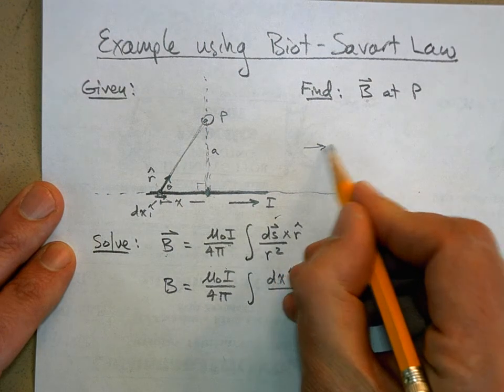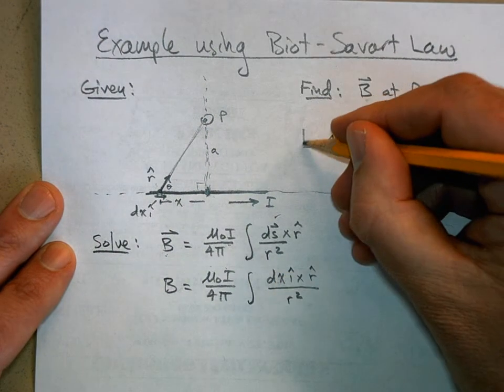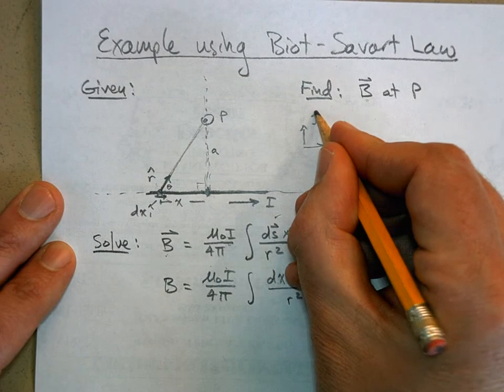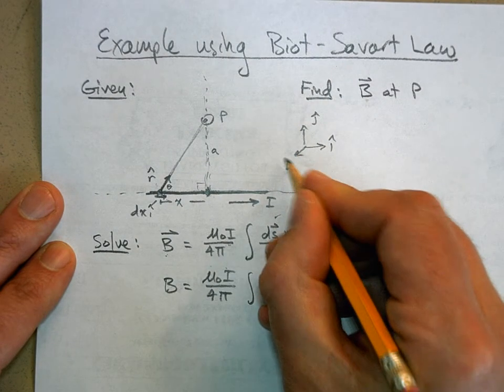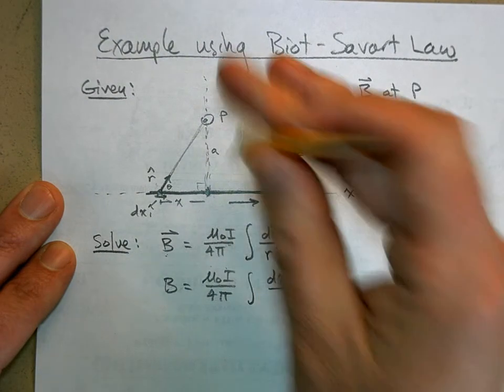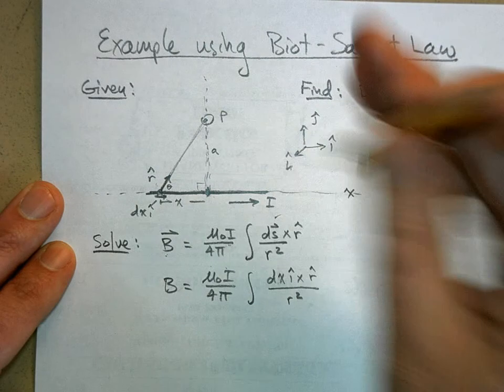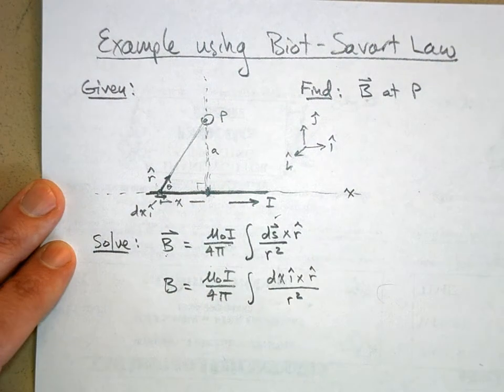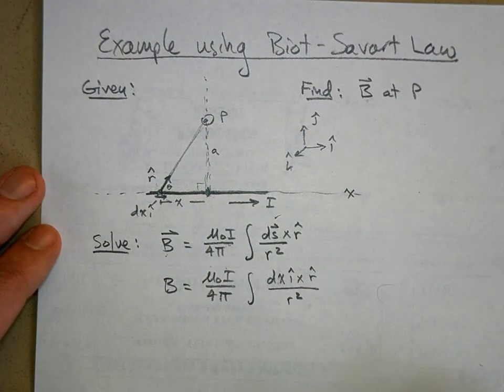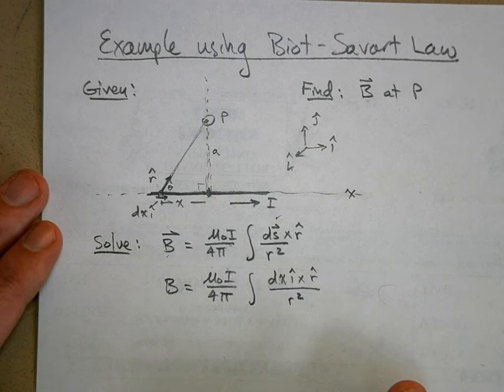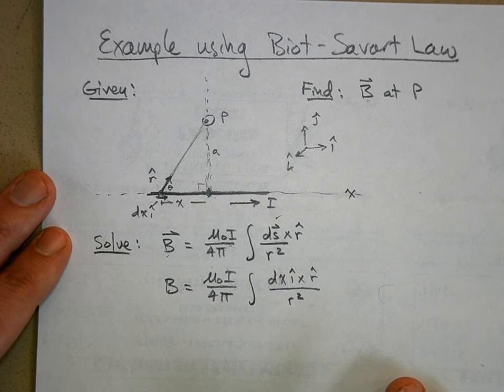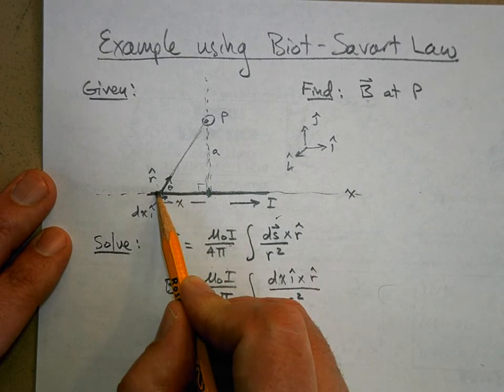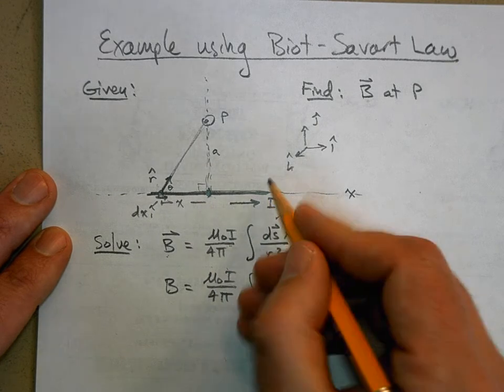And if I say, okay, this is i hat, j hat, and then k hat is coming out of the board, then we can see that the magnetic field at that point is going to be in the k-hat direction. But before we get to that, let's travel from here over to here.